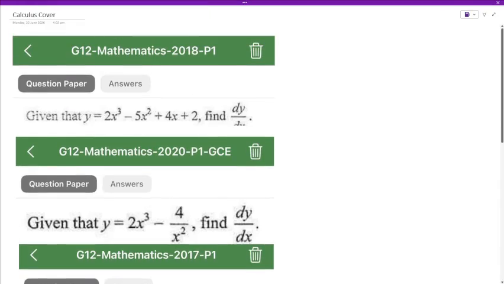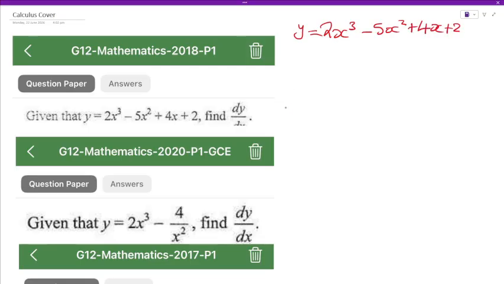So now, how do you differentiate? When you are differentiating, you simply multiply by the power of x. The equation is y equals 2x cubed minus 5x squared plus 4x plus 2.